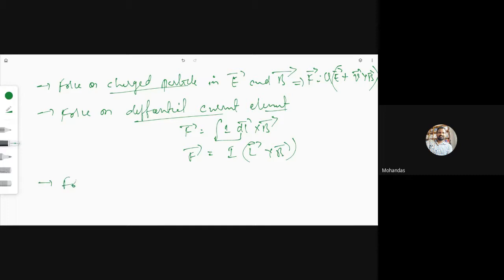Third one is force between two current loops. Here we have two forces.